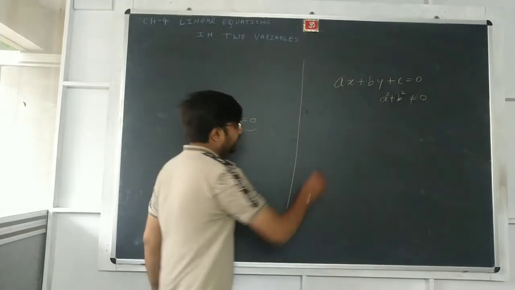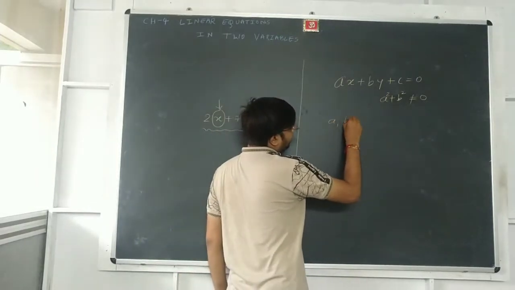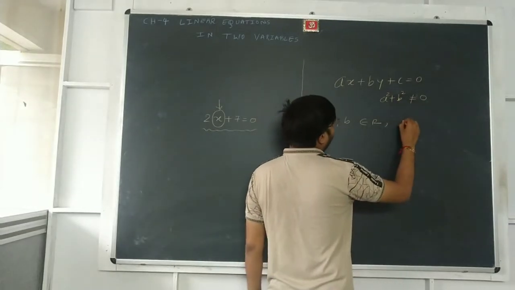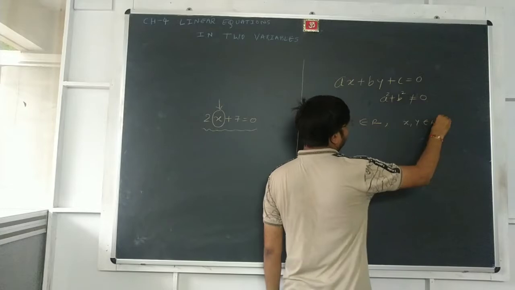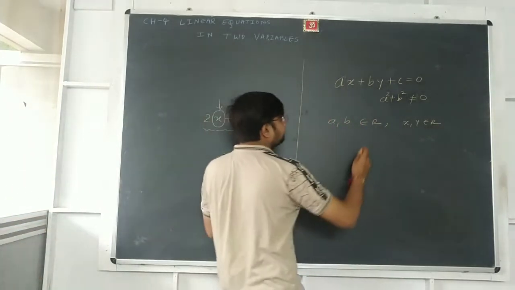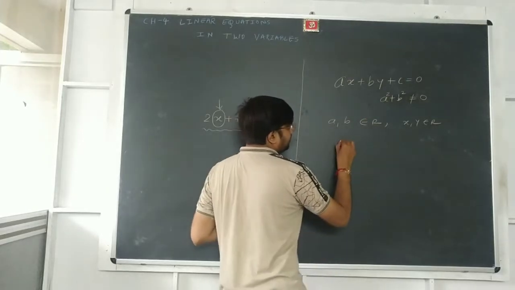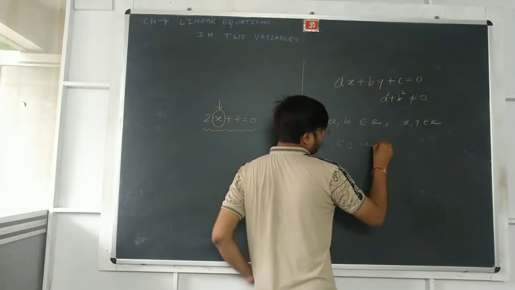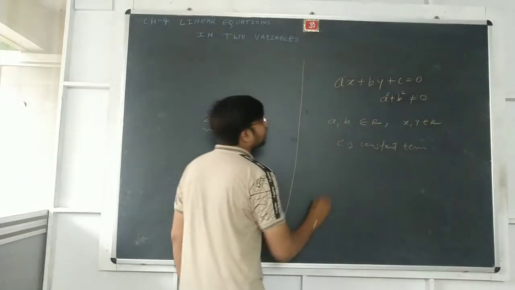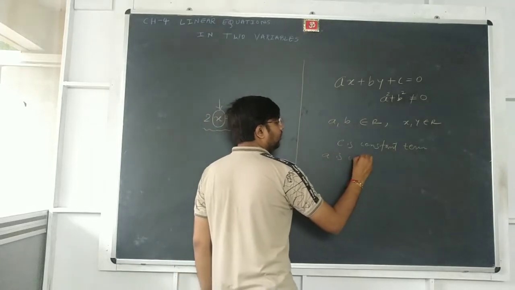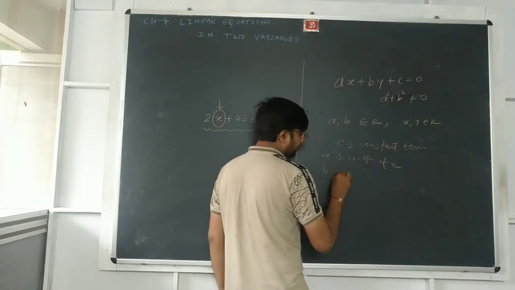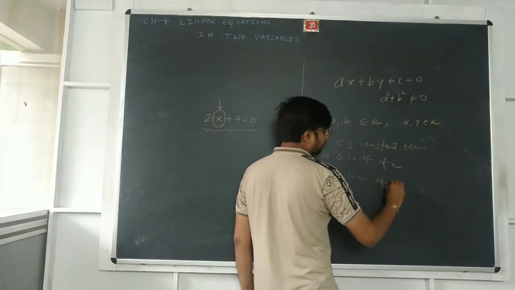This is the condition, and a, b belong to R. X, y belong to R, also real numbers, and c is a constant term. A is the coefficient of x and b is the coefficient of y.